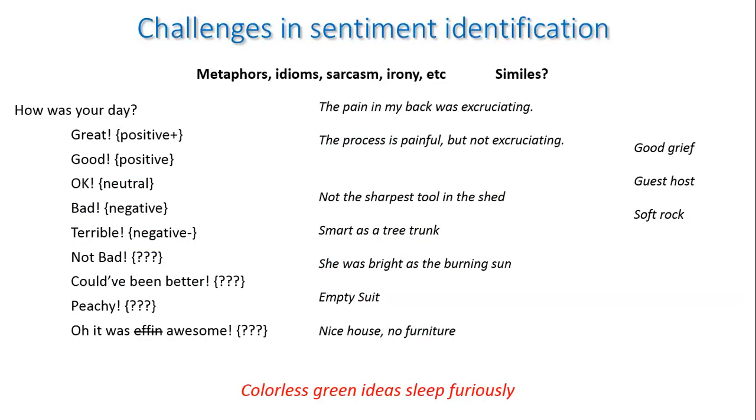On the other hand, you could say the process is painful but not excruciating, and that should be treated as a somewhat positive sentiment. And then you get into all these idioms and colloquial terms like not the sharpest tool in the shed. How do you get your classifier to recognize that that is a negative sentiment expressed towards a person?